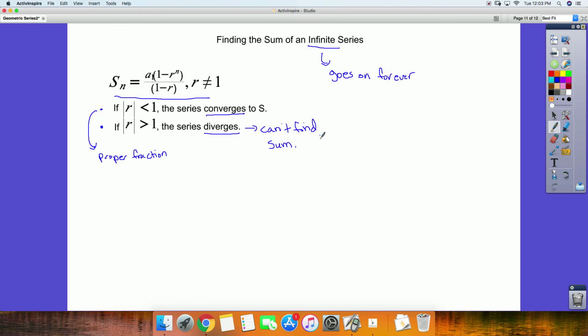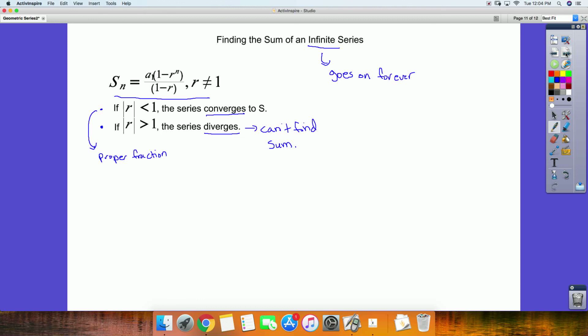So you need to put in your notes that if it's an infinite series, meaning it goes on forever, then you can only find the sum if it converges, meaning if the rate is a proper fraction. As soon as you see a rate greater than 1, you automatically know you can't solve that problem.